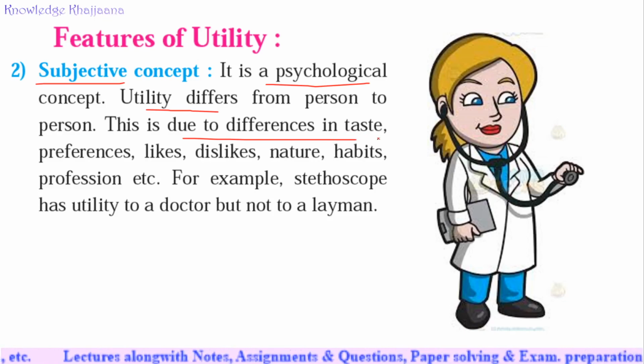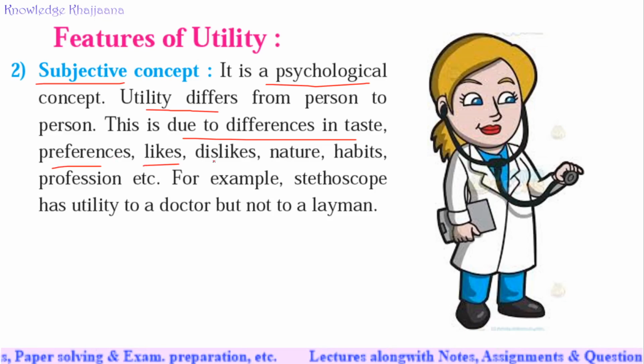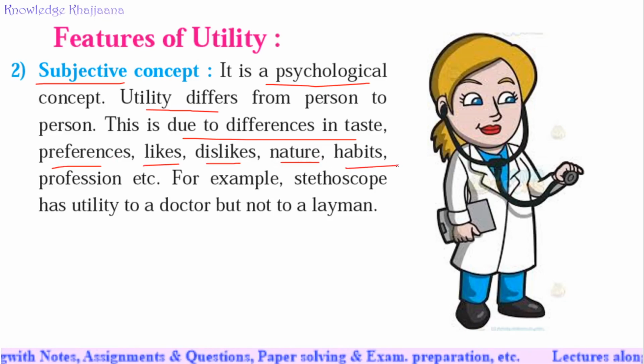There may be differences in taste, preferences, likes, dislikes, nature, habits, profession, etc. These are different in every person. For example, a stethoscope has utility to a doctor but not to a layman, right? A layman means a common man.